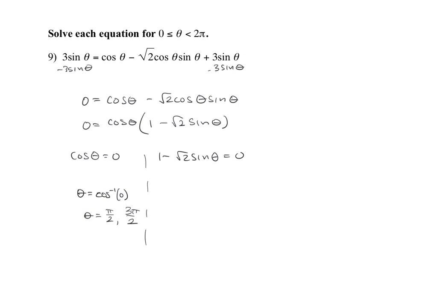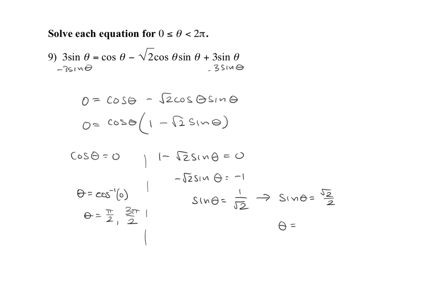On the other side here, I'm going to subtract this 1 over. And then divide it by negative root 2. And then just change the format of this. So sine theta is equal to square root of 2 over 2.